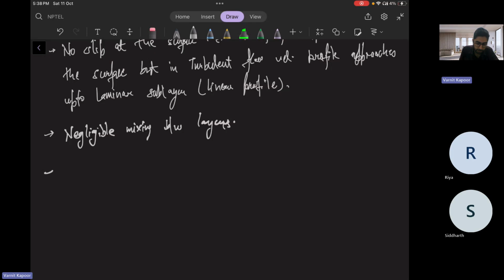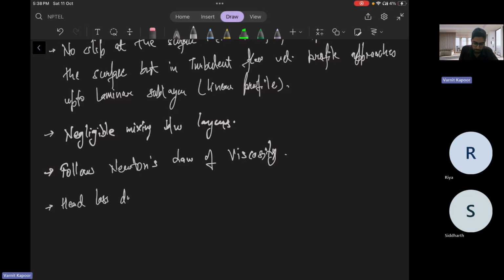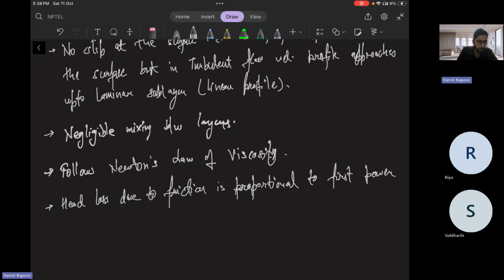Then flow follows Newton's law of viscosity. Also, head loss due to friction is proportional to the first power of velocity in pipe flow.